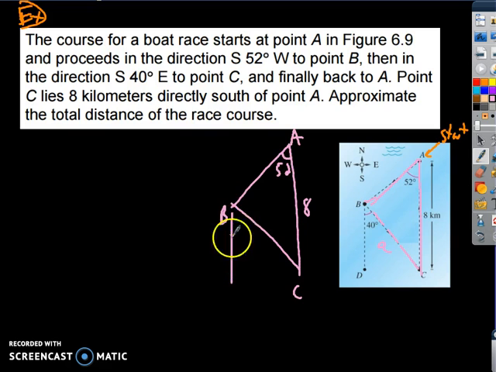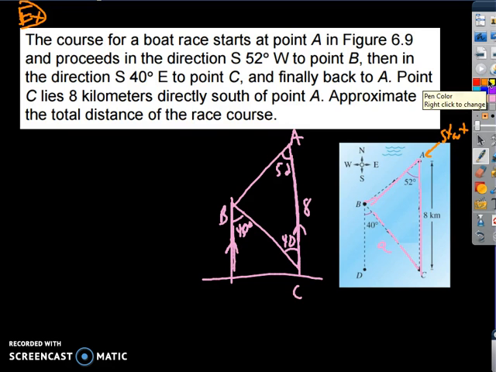If this was 40 degrees here, because this is perpendicular to the ground, this is perpendicular to some line. These both are parallel lines. So by knowing these lines are parallel to each other, I know if this is 40 degrees, this is also 40 degrees. And I know the letters of the triangle: this is C, this is lowercase c, this is A, this is lowercase a, this is B, this is lowercase b.